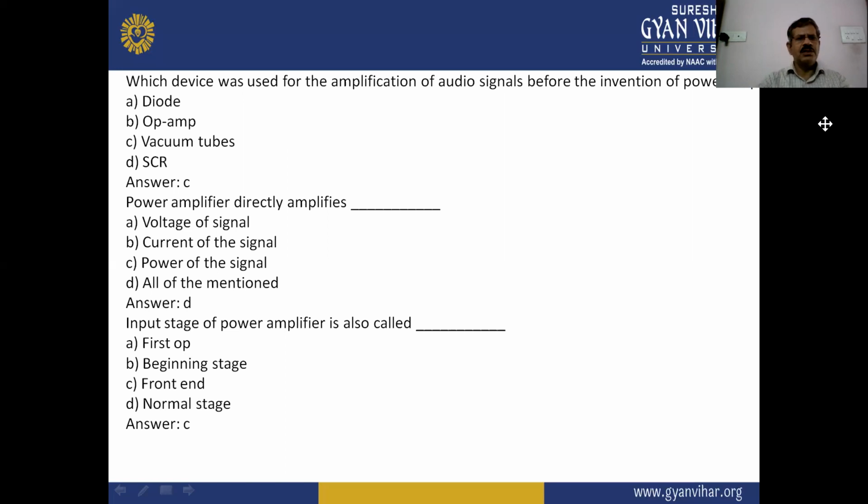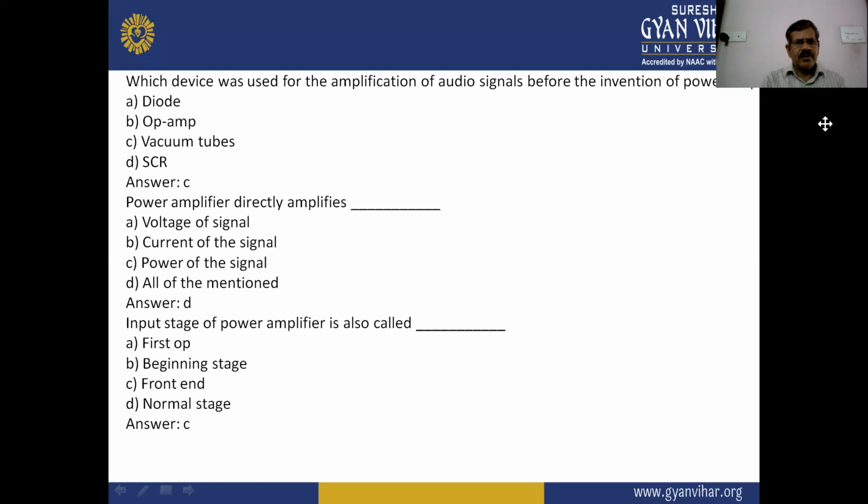All these power amplifiers increase the strength of the voltage from low level to high level, and also increase the current strength and the power of the signals.